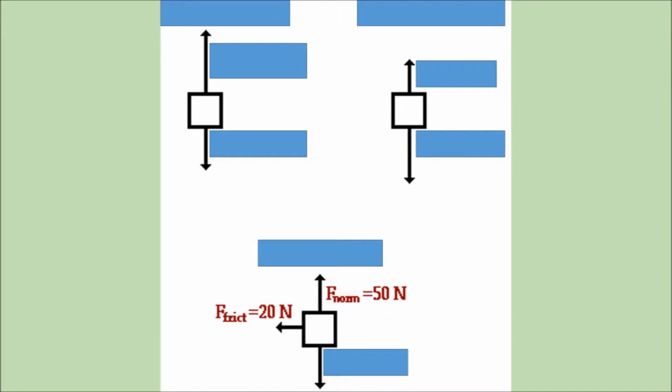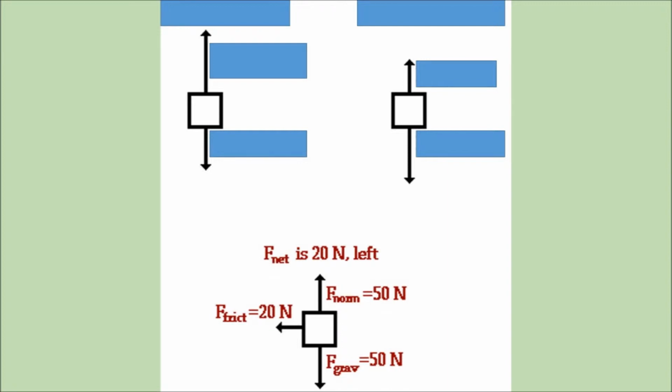That's the up direction, and then the weight or the gravity will be in the down direction, and that would be 50 newtons. So you can see that the up and down cancels, and I'm left with 20 newtons to the left. So 20 newtons to the left is the answer to that one.